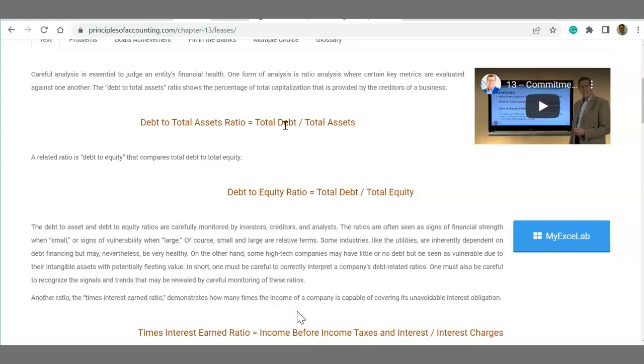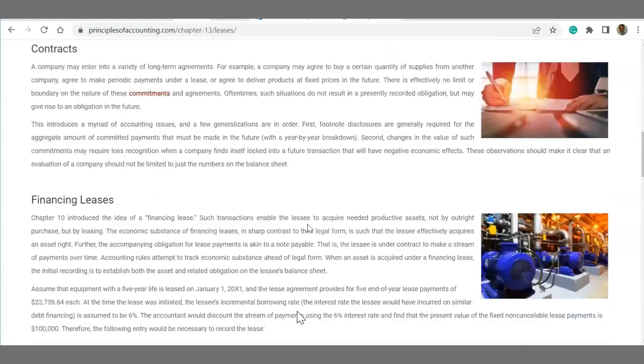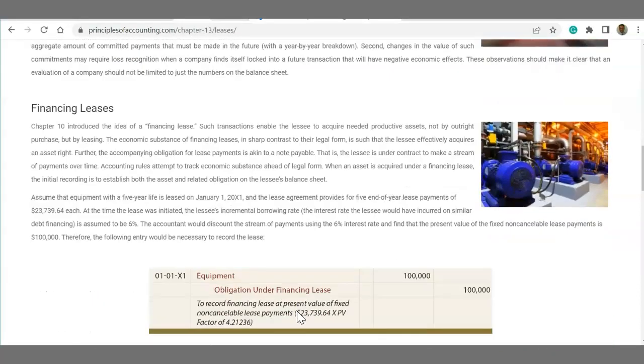The moment the company becomes more risky, next time they want to borrow something, the interest rate will be higher, because it's a more risky company. If they want to issue bonds, the market interest rate will be higher for this type of company. So companies don't want to mess up these ratios, because then everything else will be more expensive for them. But GAAP says, don't play games with me.